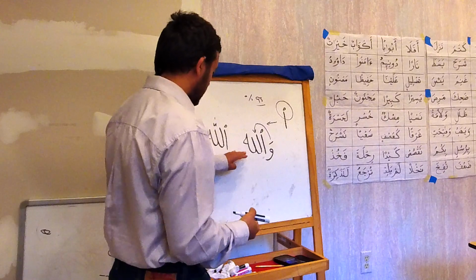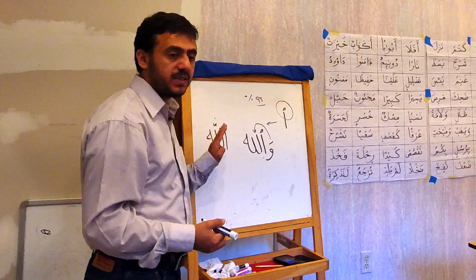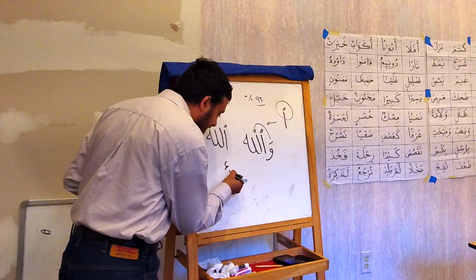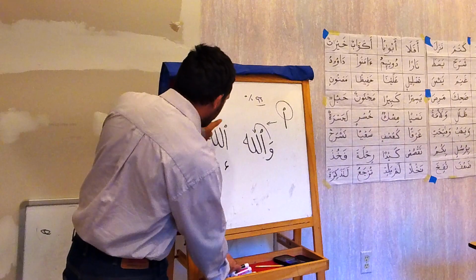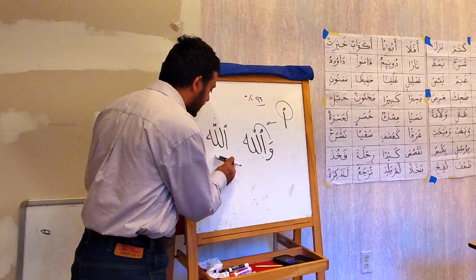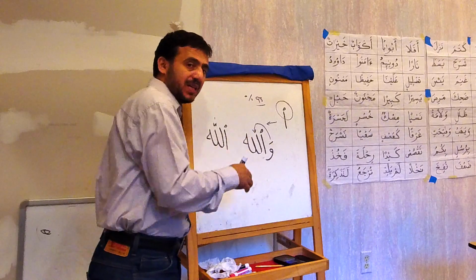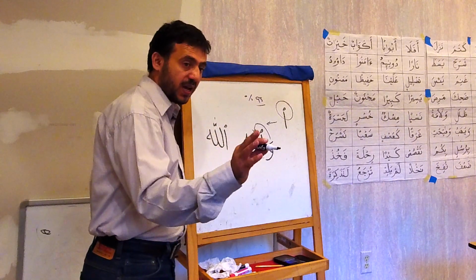Because, can you read this for me? Allah, right? You see, this is the sound. This is the hamza, right? So because we're going to start with it, then we're going to change this one into a hamza. It becomes a hamza. So we say Allah, Allah, okay?